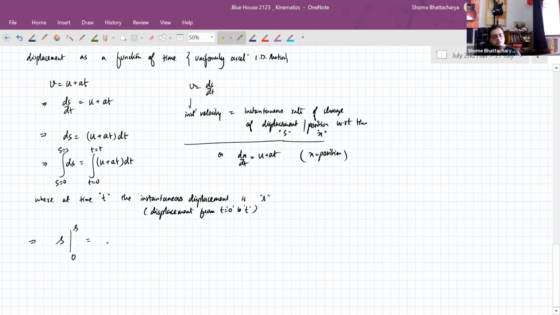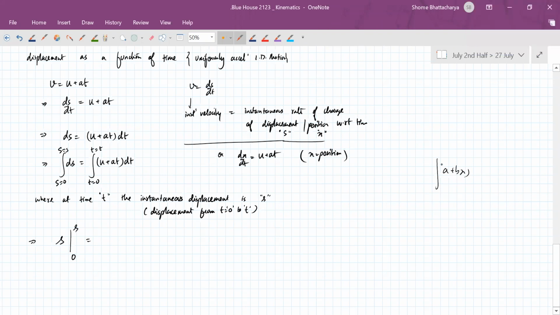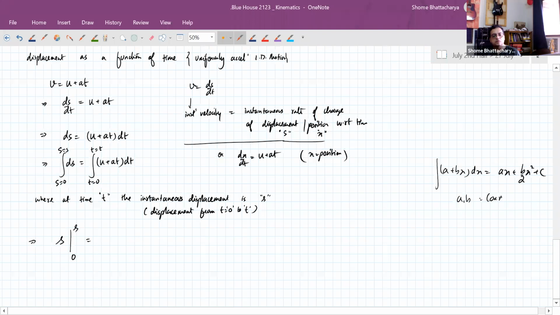Right hand side, now remember here u and a are constants. So integration of something like a plus b, where a and b are constants, is like that. Over here, integration of u plus at will be ut plus half at square plus c as an indefinite integration, because u and a are constants and t is the variable of integration.